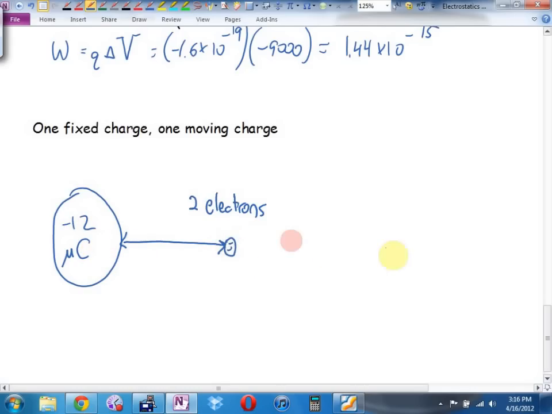Towards or away? Away. So let's suppose that it moves to here. And let's say that this is 3.2 meters. And let's say that this is 3.0 meters.